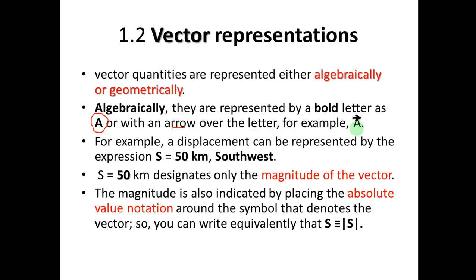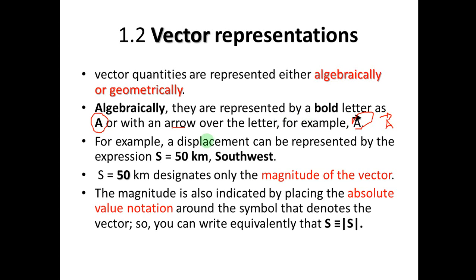For example, writing the letter A and putting an arrow over it represents a vector again. This is another way of representing a vector.